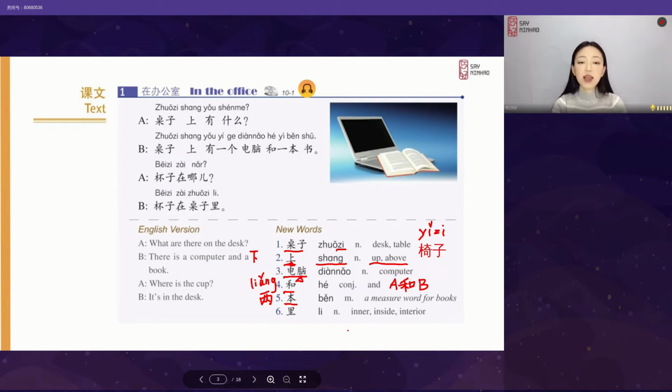For example, 两本书, 两个电脑, 两天 means days, 两个月 means months, 两年 means years. So as you can see, we're using 两 instead of 二. Please pay attention to it.